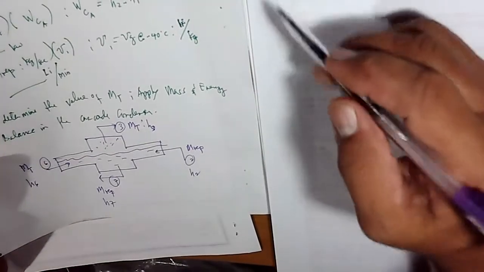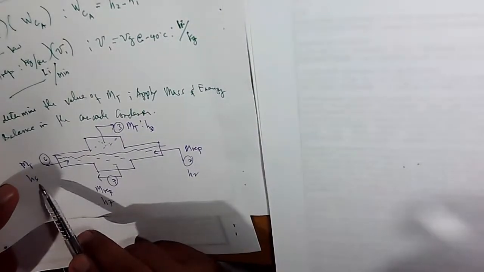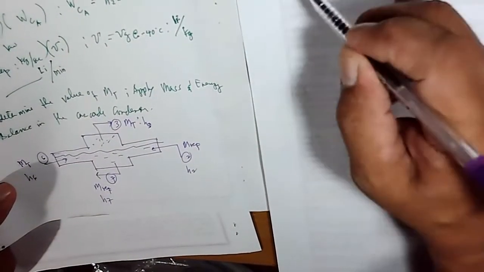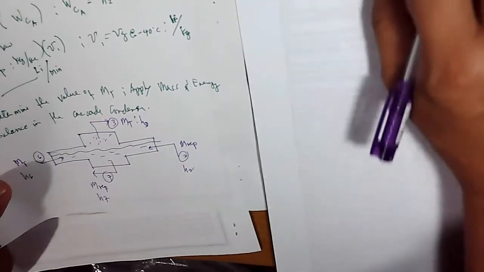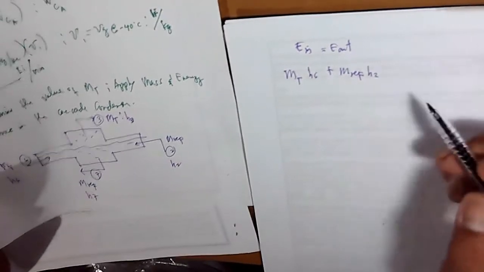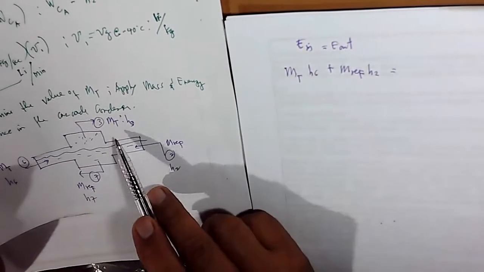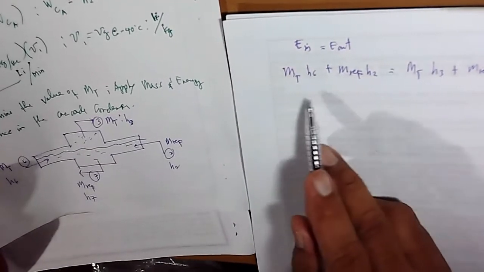The energy going into the system is mT H6 plus mREP H2. Going out is mT H3 and mREP H7.